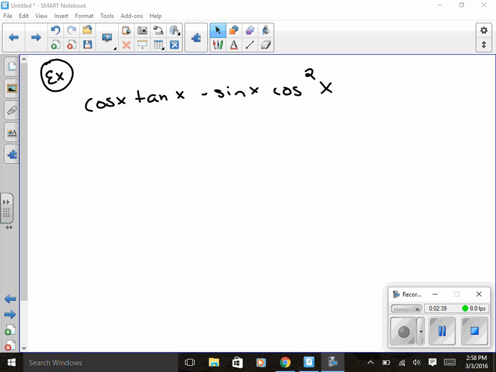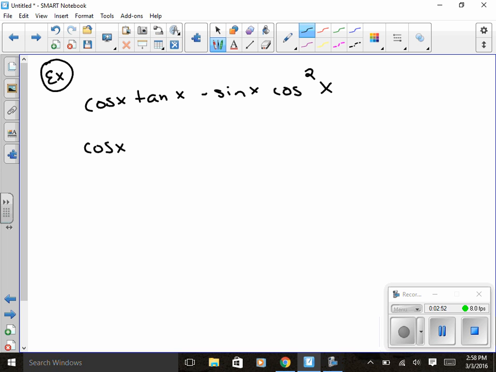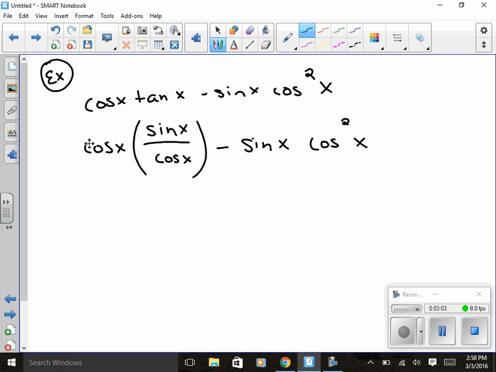Okay, so I'm looking at this and I see that I've got a tangent. Everything else is in sine and cosine, so I'm going to go ahead and switch that tangent into sine over cosine. So I've got cosine x times sine of x over cosine x minus sine x times cosine squared of x.